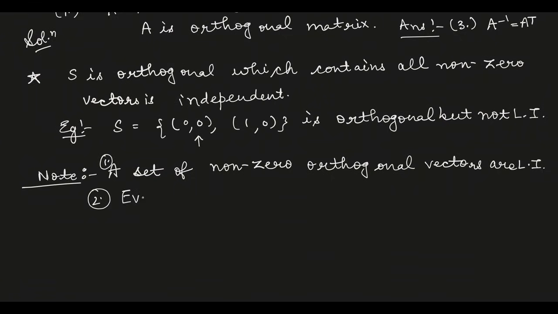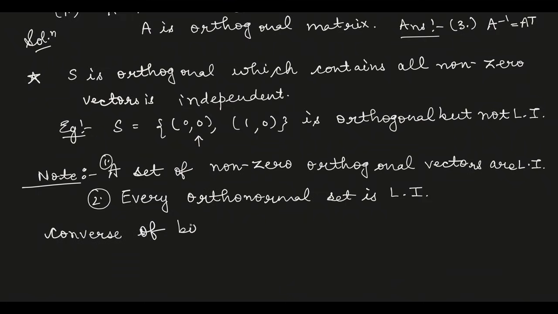Every orthonormal set is linearly independent, because every orthonormal set is orthogonal and a set of non-zero orthogonal vectors is linearly independent. The converse of both the above statements is not true.